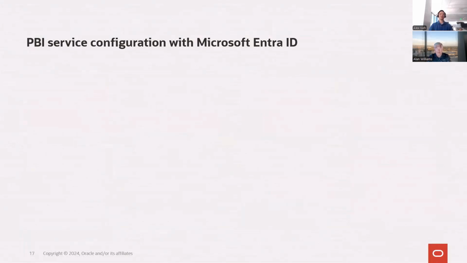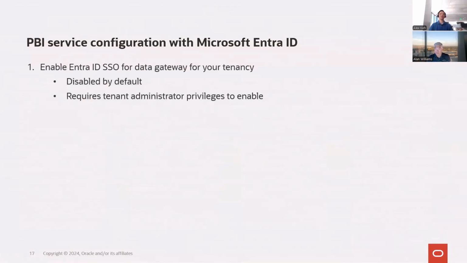Now, to set up Power BI Service with Microsoft Entra ID, just the things you'll need to be aware of as you go through this, what's different from what you've done before with just general username, password logins with Oracle to Power BI Service. Things to be aware of is that you have to enable Entra ID SSO for data gateway for your tenancy.